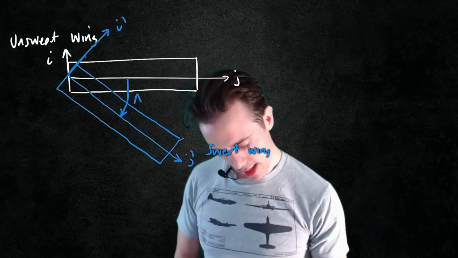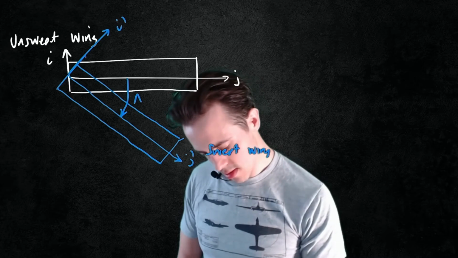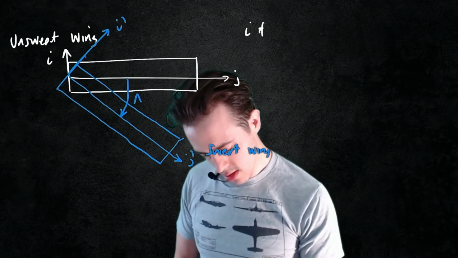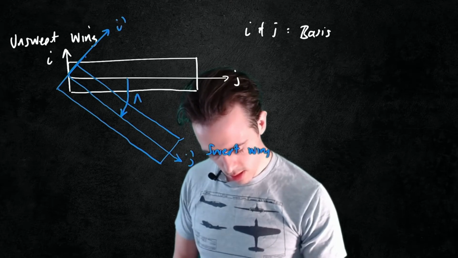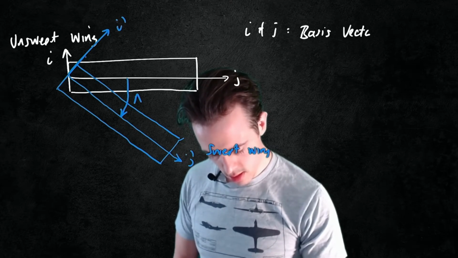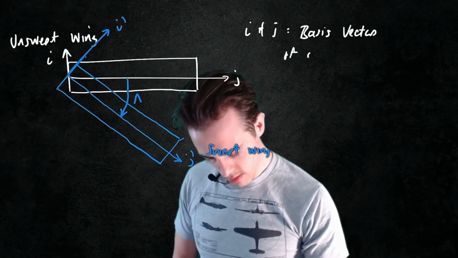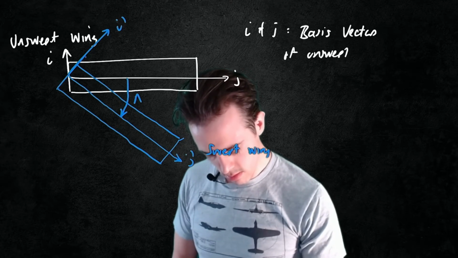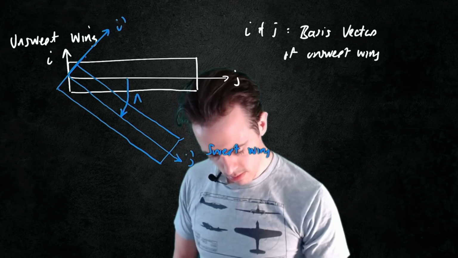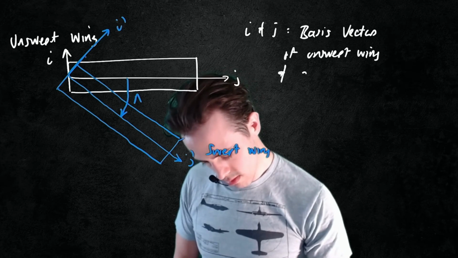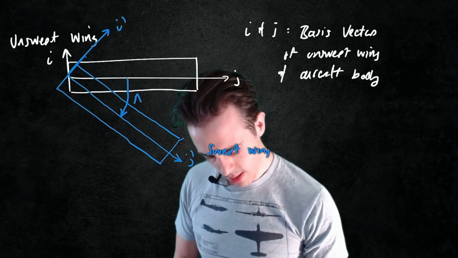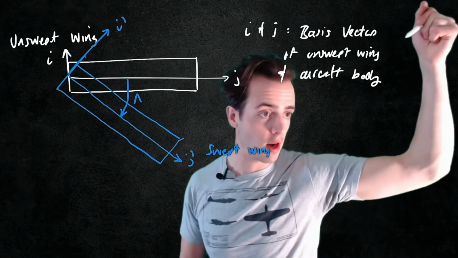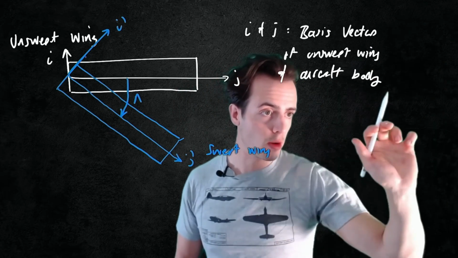So let's write this down. I and J are the basis vectors on an unswept wing and also on the aircraft body.